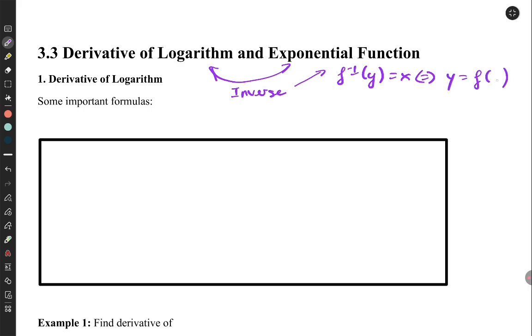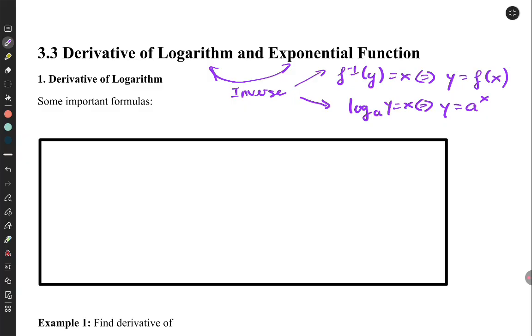To be more specific, the inverse between logarithm and exponential is written like this: logarithm base a of x equals y if and only if y equals a to the power x. One side is logarithm, the other side exponential.